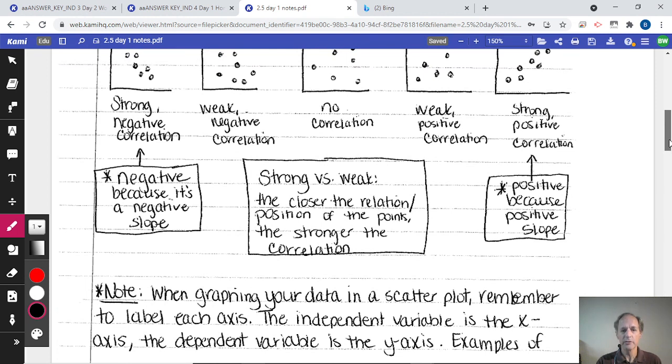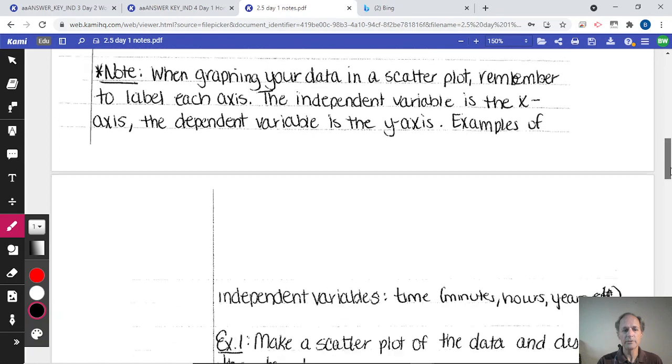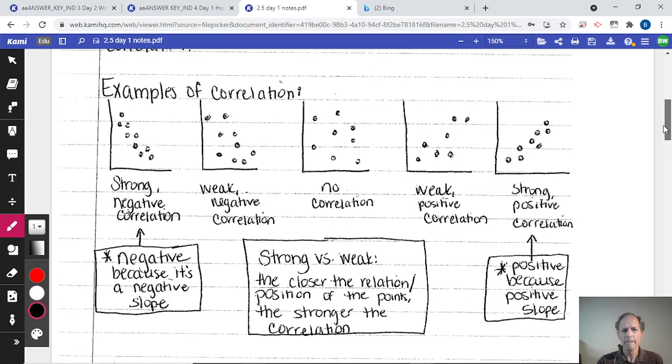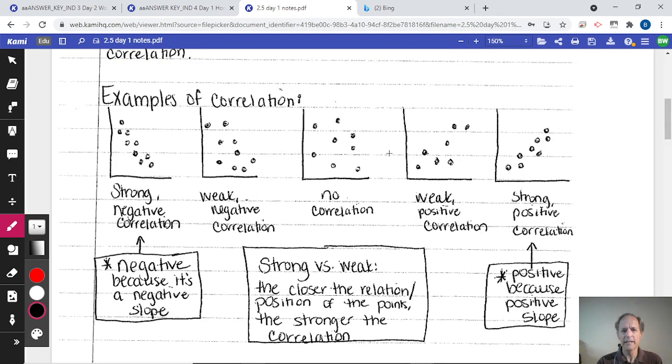This is an important note. When graphing your data in a scatter plot, remember to label each axis. The independent variable is the x-axis. The dependent variable is the y-axis. Examples of independent variables are time, minutes, hours, years, etc. So oftentimes the x-axis will be time and the y-axis will be something that is measured over time.